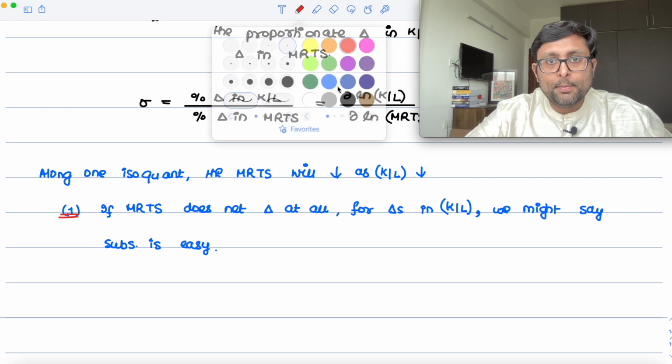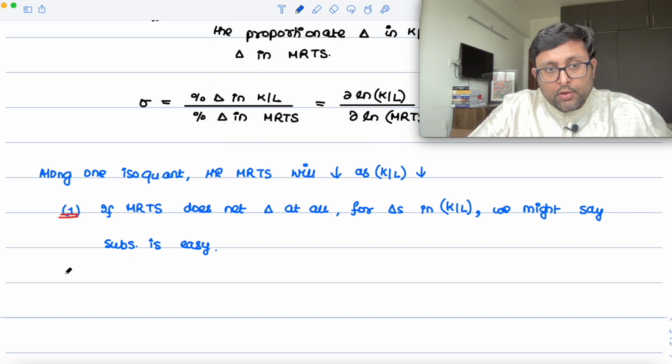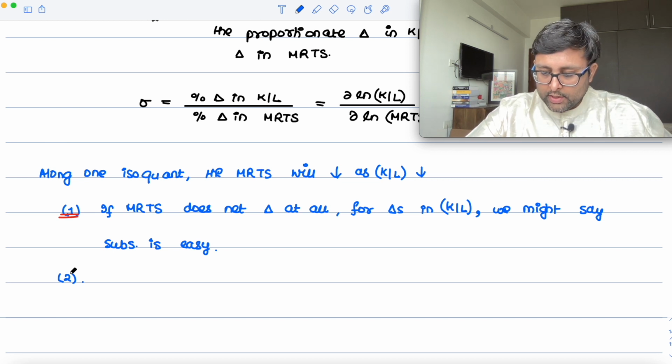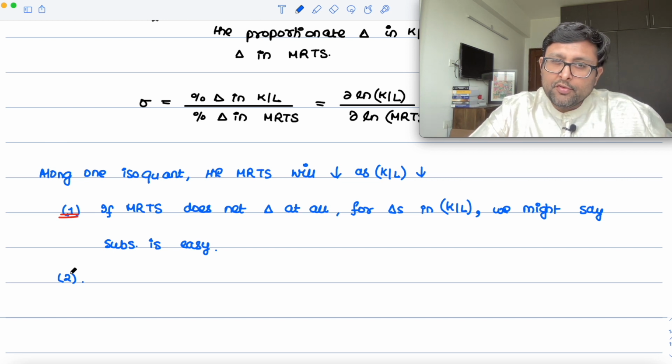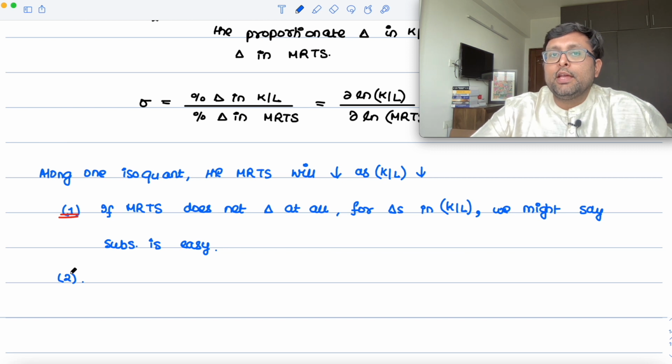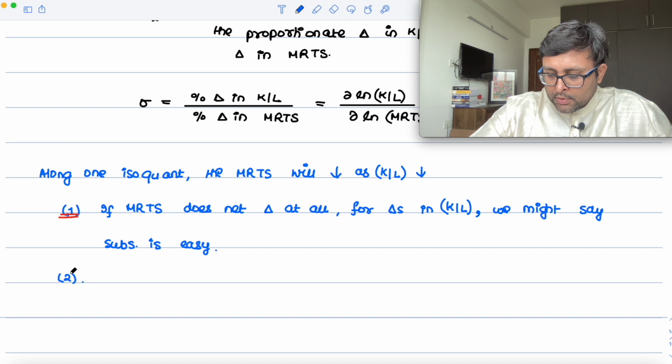What about the other one? If MRTS changes frequently, or it changes very rapidly for even a very, very small change in the K by L ratio, then you say that substitution is very difficult, right?